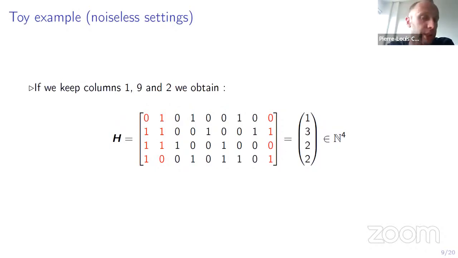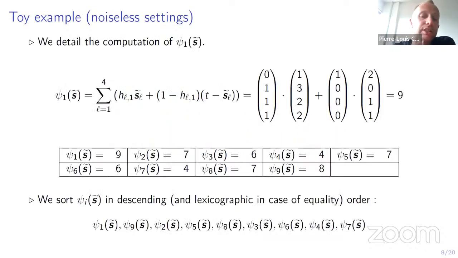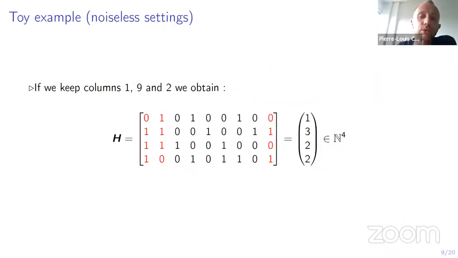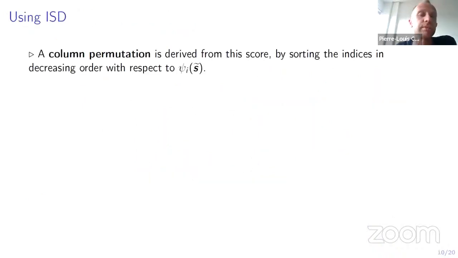Okay, but we have been lucky, because it's directly the first 3 columns. If it's not the case, if our score is not able to distinguish so properly the columns of the matrix, we can do a different strategy.